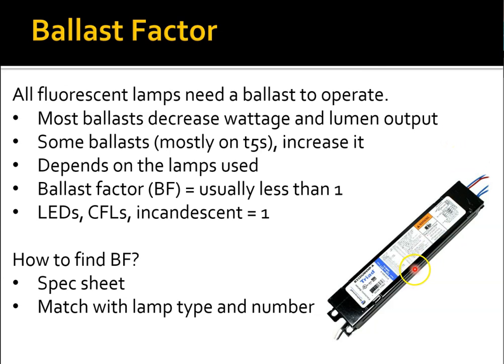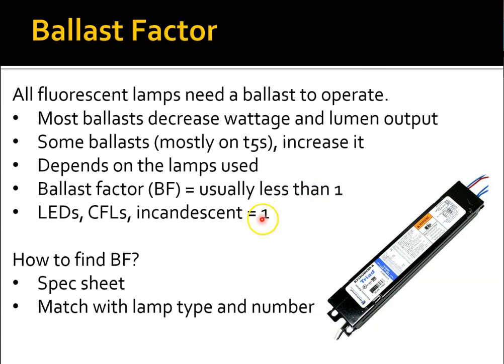And so they need these to operate. And one of the issues is that they usually decrease the lumens that come out of the lamp. So the lamp is rated a certain lumens, and this is going to usually drop that. And it also drops the wattage that goes into it.